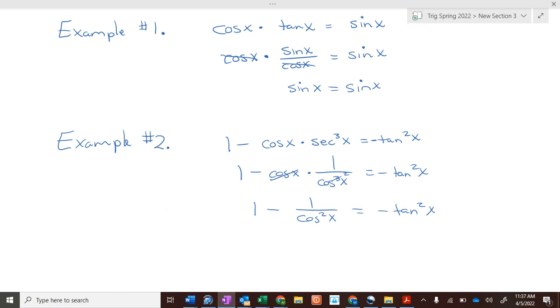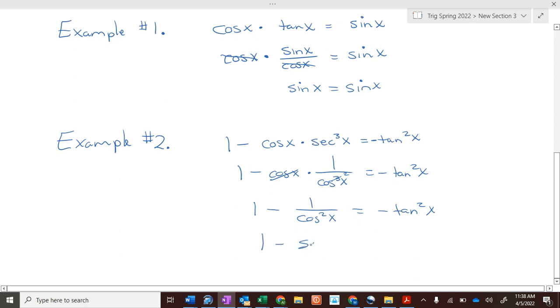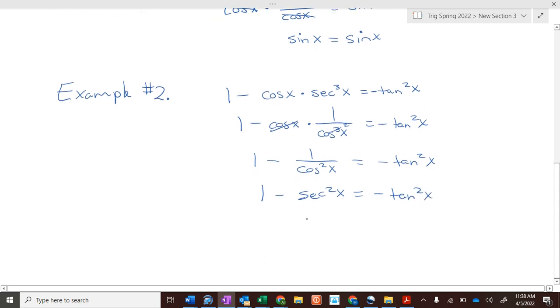What route do you want to go on? Turn it back into secant? That would be the easiest route. And what is 1 minus secant squared of x? Negative tangent squared of x.